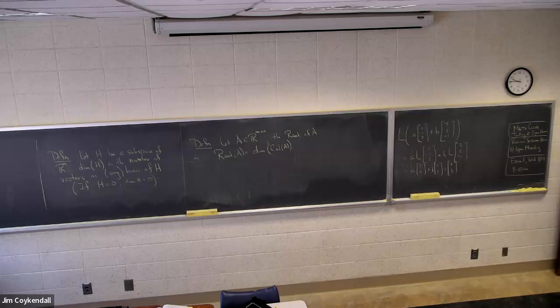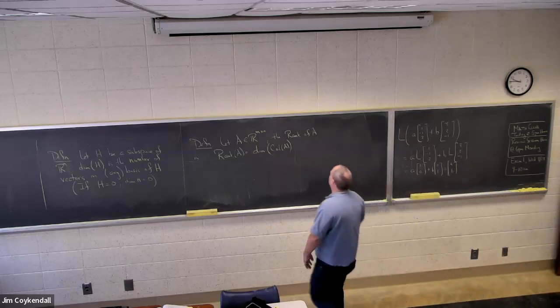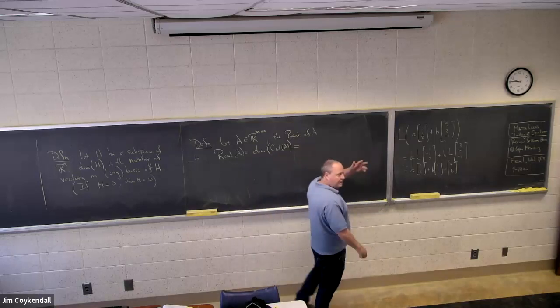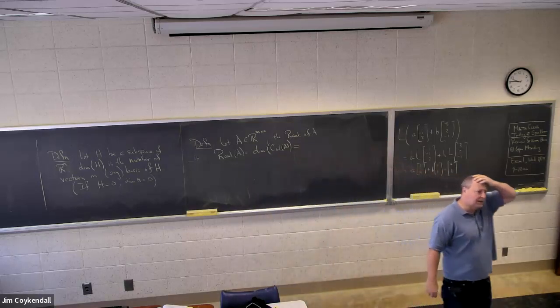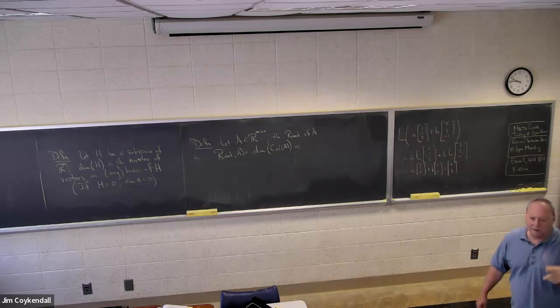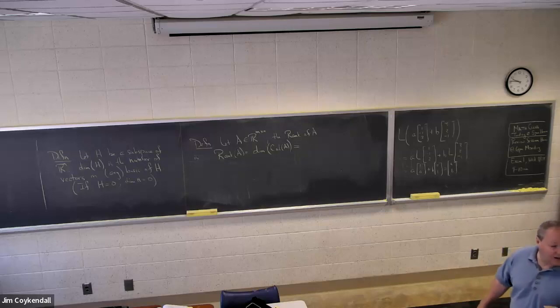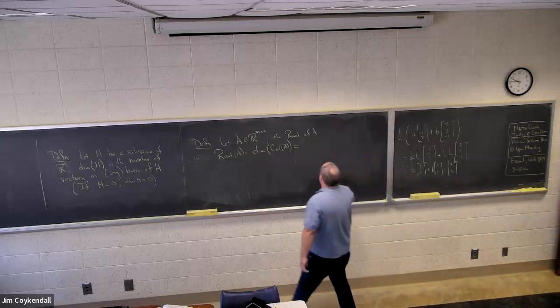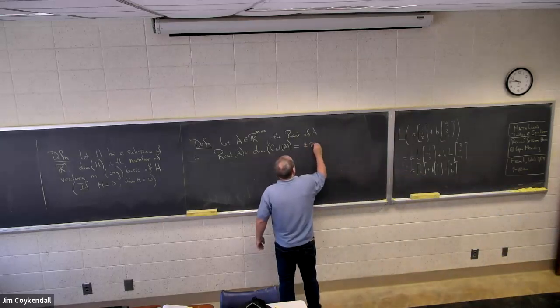So the rank is the dimension of the column space. What's another way? So those of you that are computationally minded want to figure this out. What is the dimension of the column space? It is actually the number of pivot columns, right? And this will help with our theory.